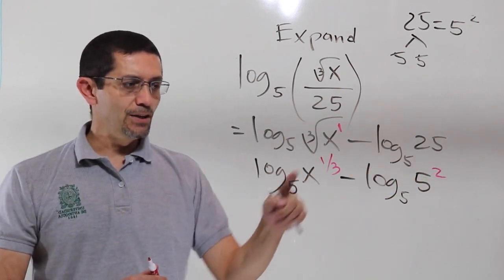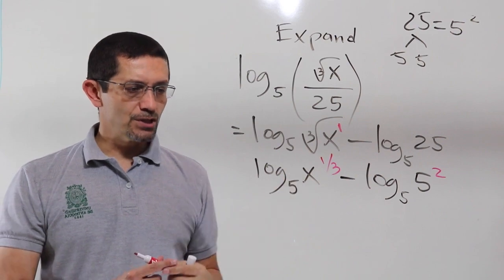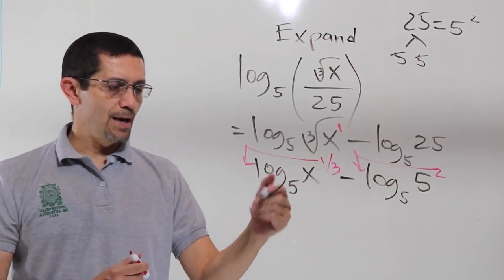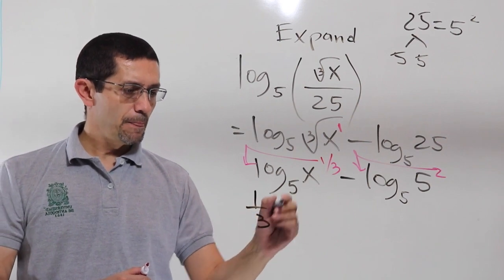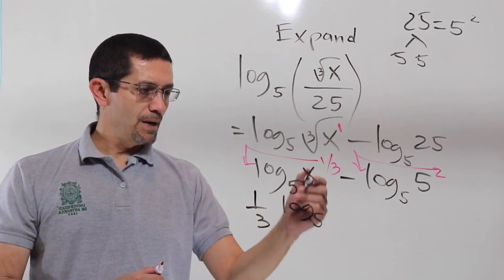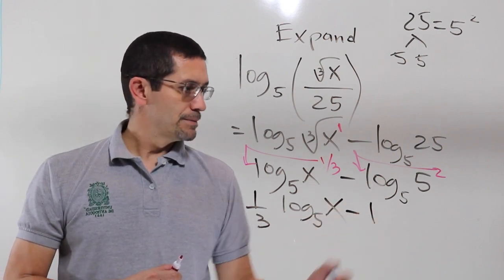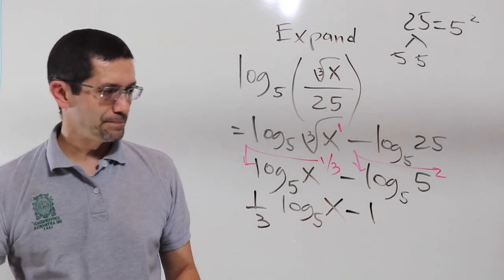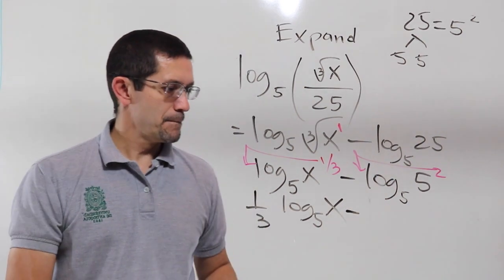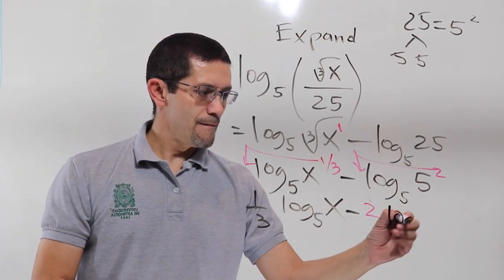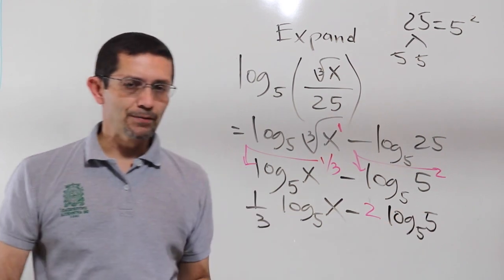All right, so I turn 25 into 5 to the second power. Once I have that, I notice that I have exponents, so those exponents will come to the front of my function. So I have 1/3 log on base 5 of x, and I'm done with this problem, minus 2 log on base 5 of 5.